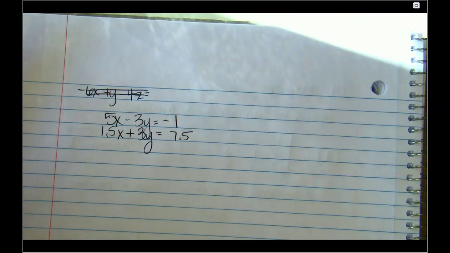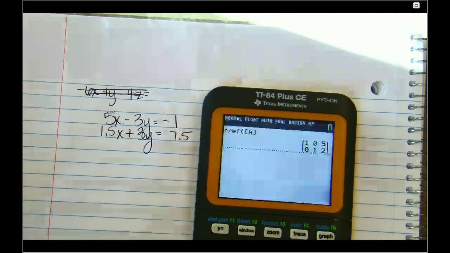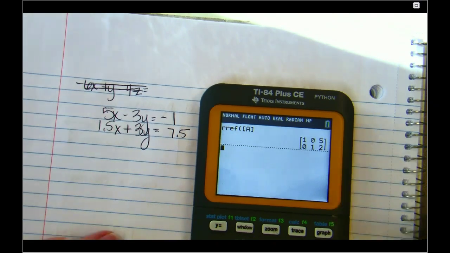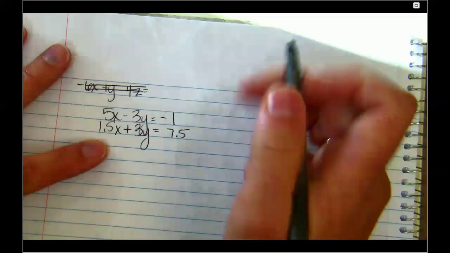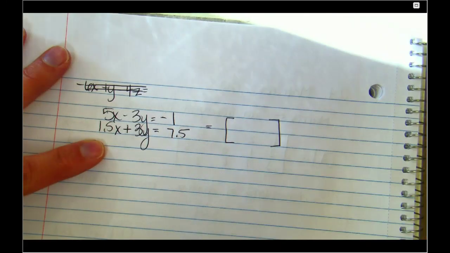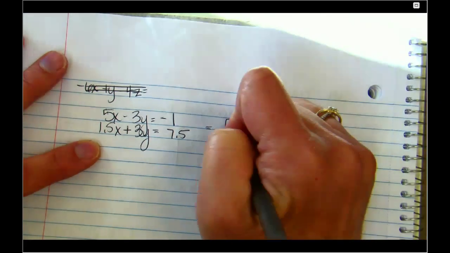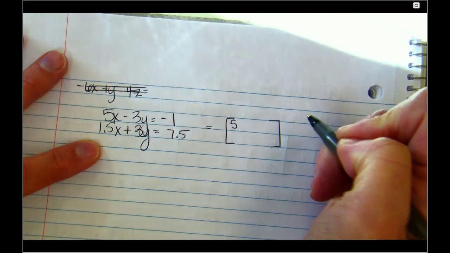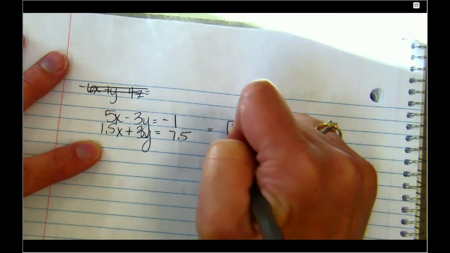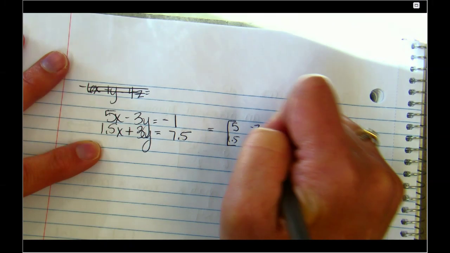Okay, now here's that's only slightly cool. But if you go back into the matrix menu, first of all, let's talk about this. What's the matrix you're going to put into your calculator? 5, -3, -1, 1.5, 3, 7.5. Okay, right? There's my dotted line. It's a little crooked.